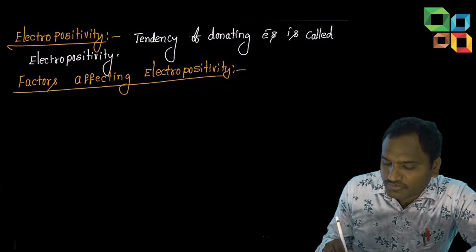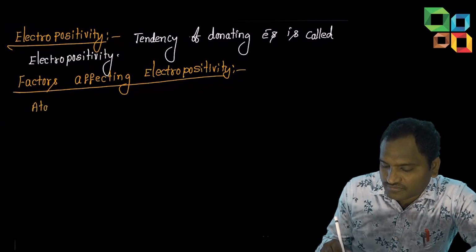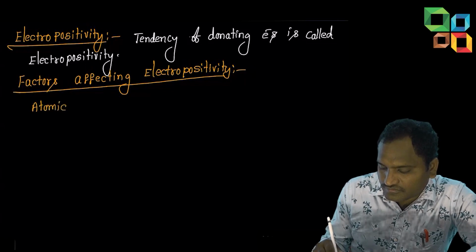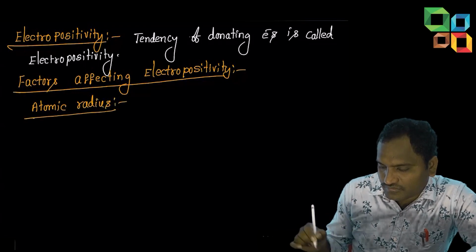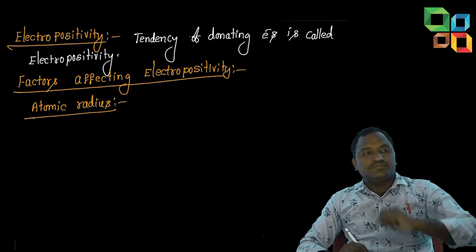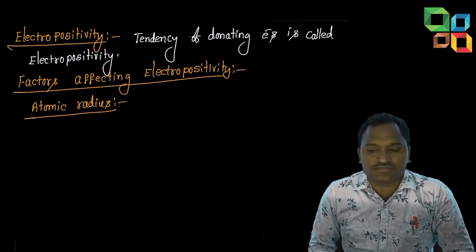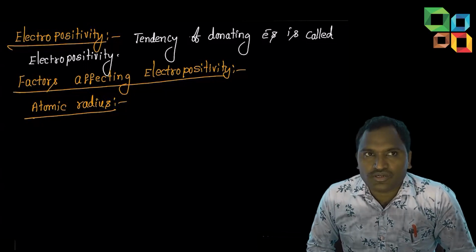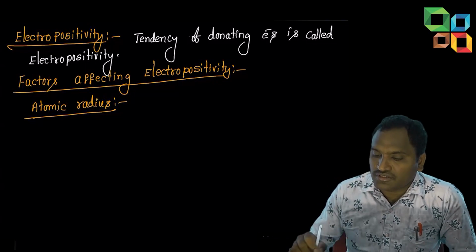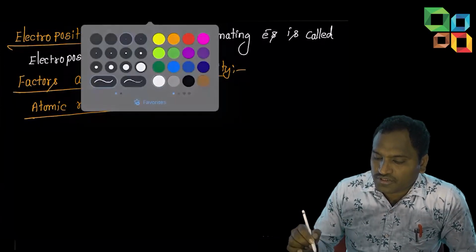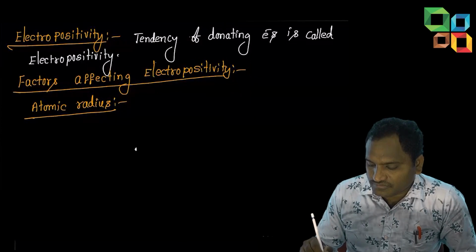First one is atomic radius. How does atomic radius influence electropositivity?